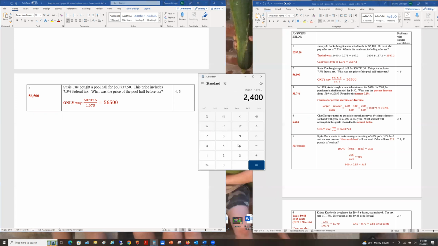What does work is to take 60,737.50 and realize that it is some unknown number plus 7.5% of that same unknown number, and you do not get back to that by taking 7.5% of 60,000 plus. The only way to do it that makes sense is to divide it by 1 point the tax rate, 1.075. And guess what? There's the actual answer.